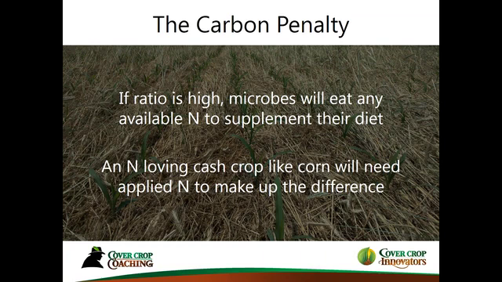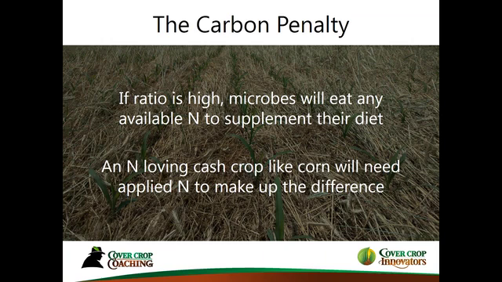So if we're using a high C to N ratio crop like cereal rye, that's kind of what you see in the background here. I'm going to show you a better picture next. If we're using that, microbes will eat any available nitrogen to supplement their diet. Well, in a mature cereal rye that in this case was rolled down and sprayed out, there's not a lot of nitrogen there for them.